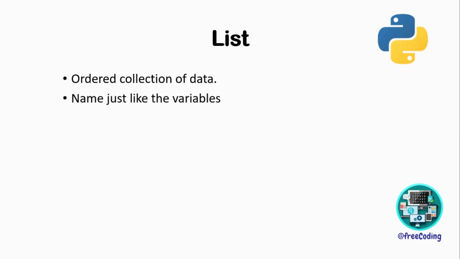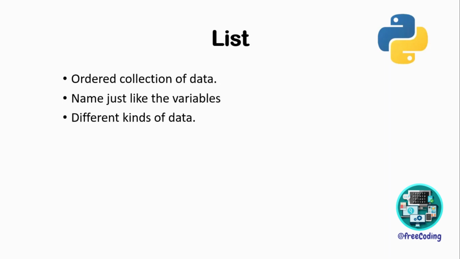And you could just name it just like how you name your variable. You should follow all the naming conventions. It's also a variable here, but it's a different kind of data type. It's a list data type. That's it. So just make sure you name it properly, just like how you name a variable.